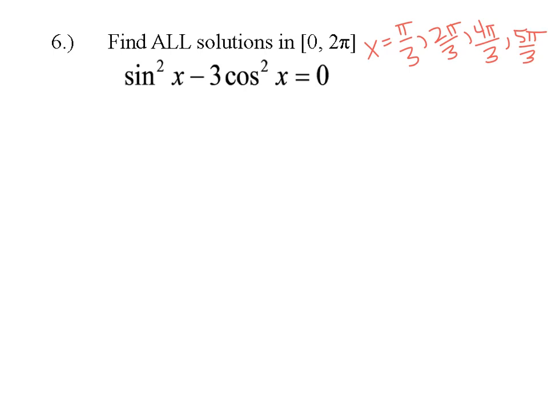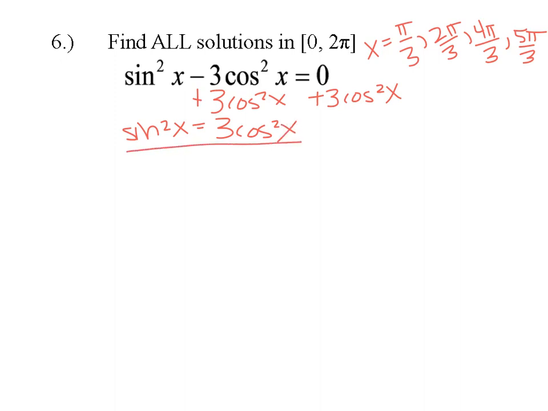So this is going to be another tangent problem, okay? And that is because we can add this 3 cosine squared of x to both sides to get sine squared of x equals 3 cosine squared of x.